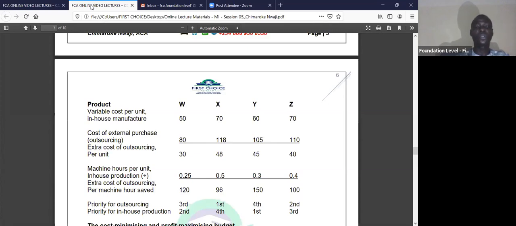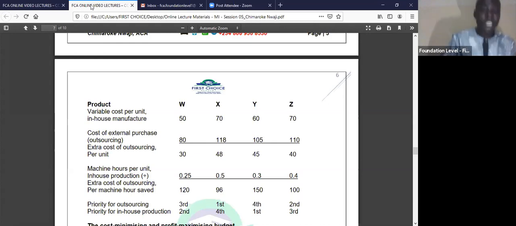And so, if you decide to make them in-house, you are going to be saving 30 Naira, which you would have given the subcontractor. You'll be saving 48 Naira, which you would have given to the subcontractor. So that is what we call the external cost saving. You'll be saving all of this per unit. You might say it's small, but the impact will be felt when you are doing a large quantity.